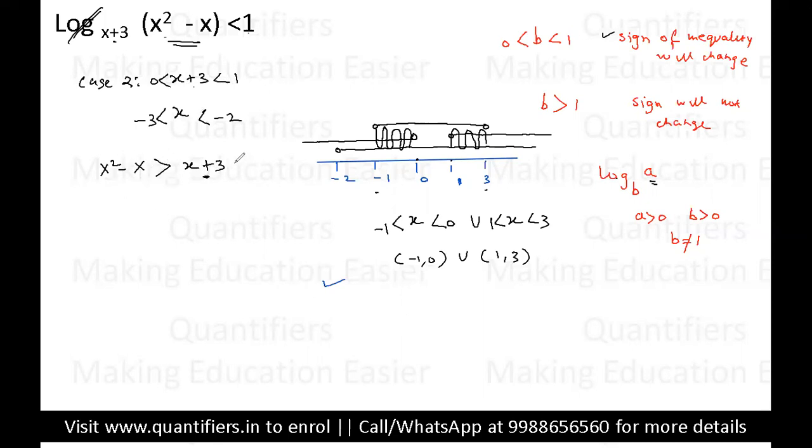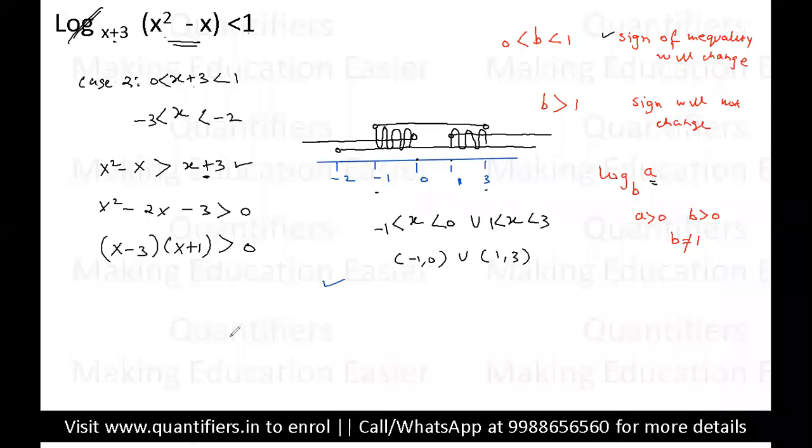Now students, if I solve this condition, what will I get? I'll get x square minus 2x minus 3 greater than 0. So from here I'll get x minus 3 into x plus 1 greater than 0. So now students, again we'll use a number line to understand it in a better way.